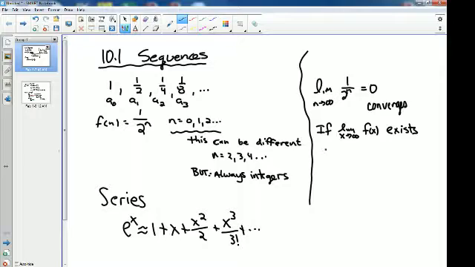A sub n, which equals f of n, right? Notice the notation's the same. We've just put it in integer format now. Converges to the same limit. Okay.